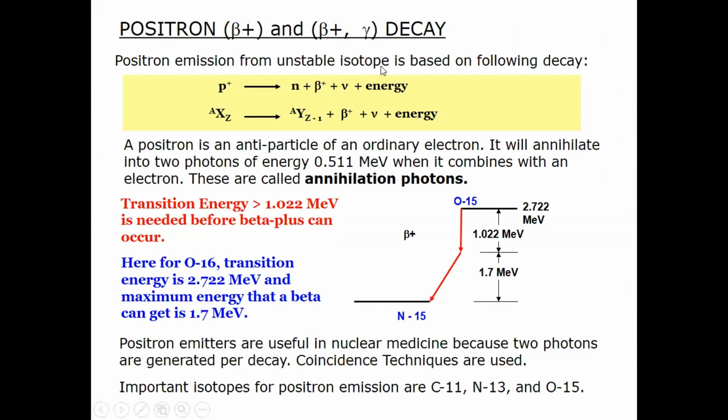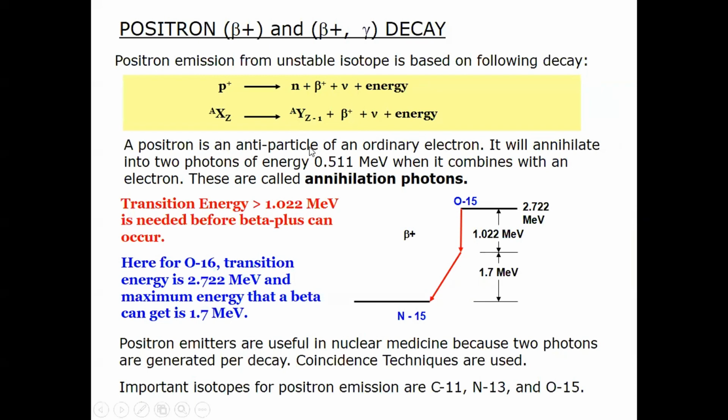Coming back to the beta decay, we have the positron emission from the unstable nucleus, which is based on the reaction that the proton decays into a neutron, a beta plus and a neutrino. Or in terms of the isotopes, A and Z type is converted into A and Z minus 1 type by emitting a beta plus.